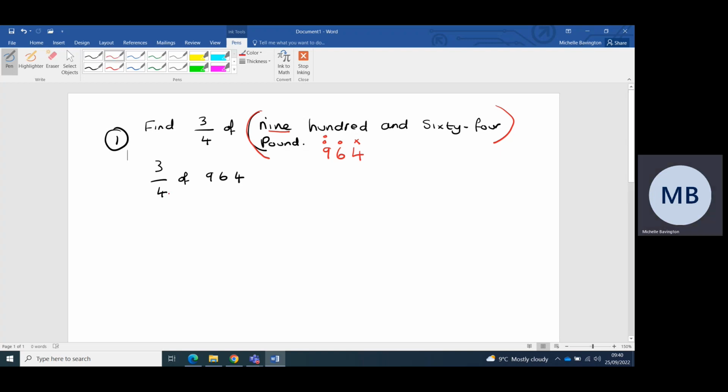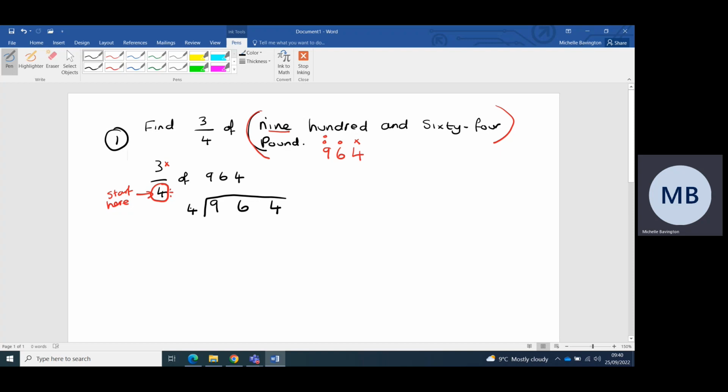So we know by fraction facts that that's a divide and that's a times. And we always start here at the denominator, the bottom number. So that's a divide. So 964 divided by the 4.